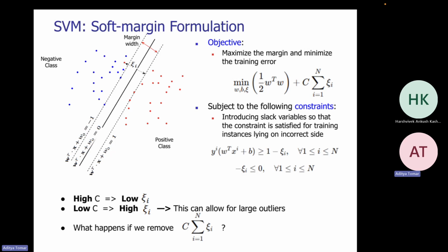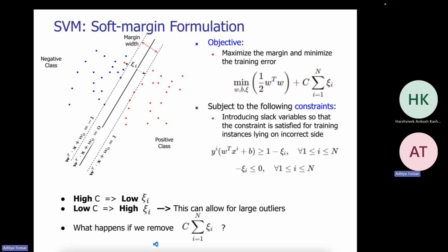Why this nomenclature came, all these things are beyond the scope of our syllabus. There are two more important concepts we need to know to solve this optimization: one is weak duality, another is strong duality. This is a theorem: always, under any condition, d star will be less than or equal to p star.